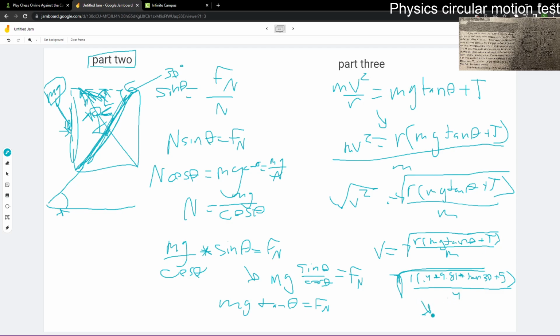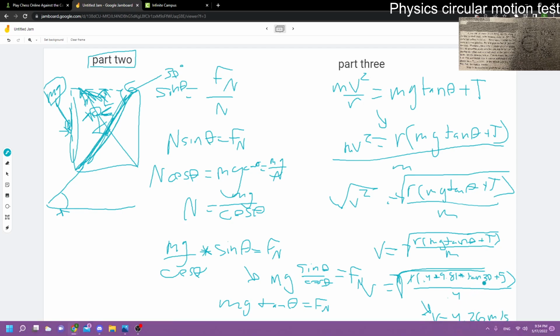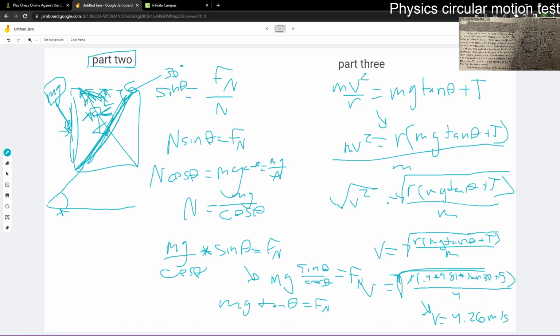We can eliminate r because it's 1, and this will come out as velocity equals 4.26 meters per second. Yeah, thank you for watching.